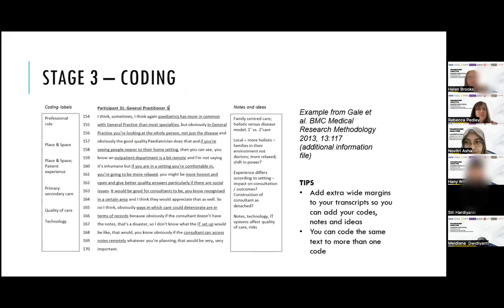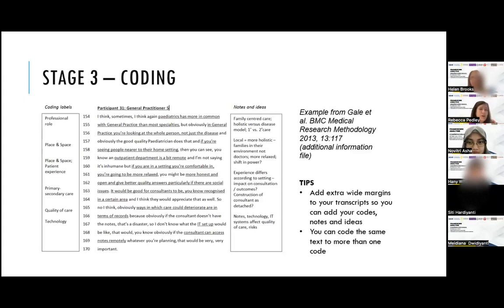And this is an example of coding, which is taken from Gail's paper, actually. So in Gail's paper, it also has an additional file of information you can download. So look out for that, because it's got a really useful worked example of how they've used the framework approach to analyze some data.